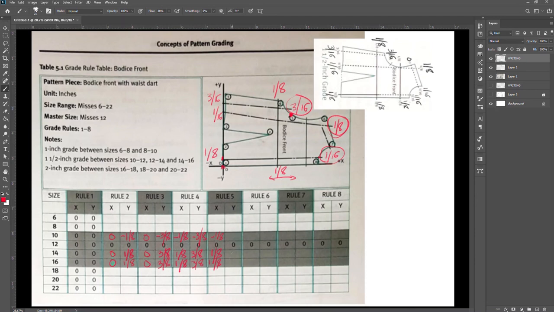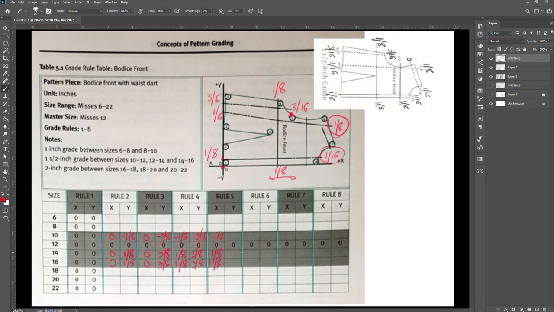For y, we need to add together only 2 of the slash lines that we've seen. We need to add together 1/8 and 1/16 because those two lower horizontal slash lines are the only slash lines between this point and the horizontal axes, so they're the only ones that affect this point.